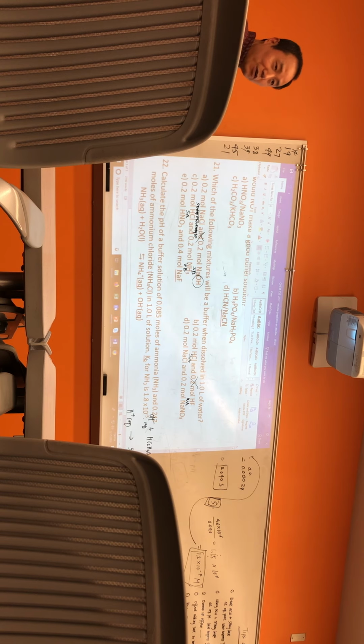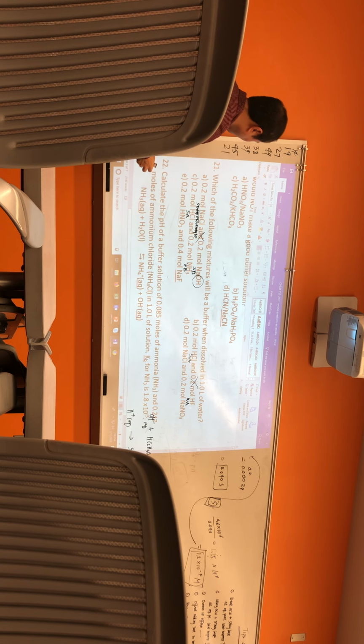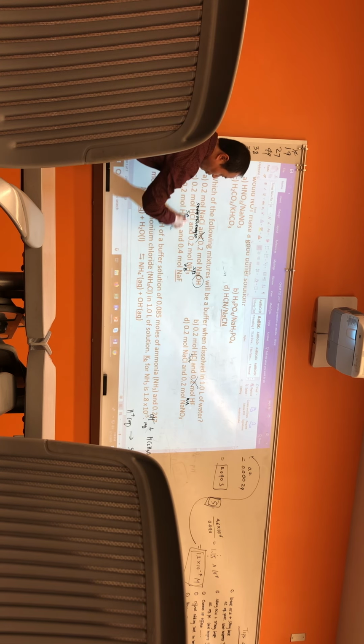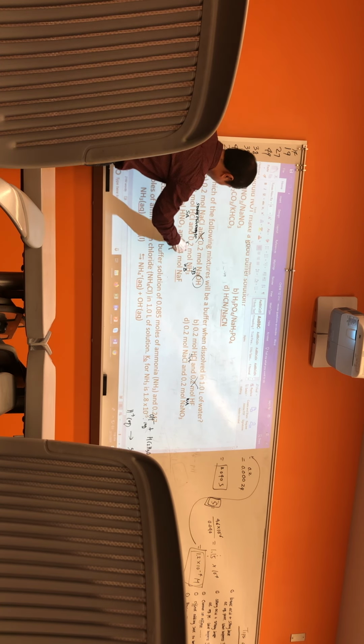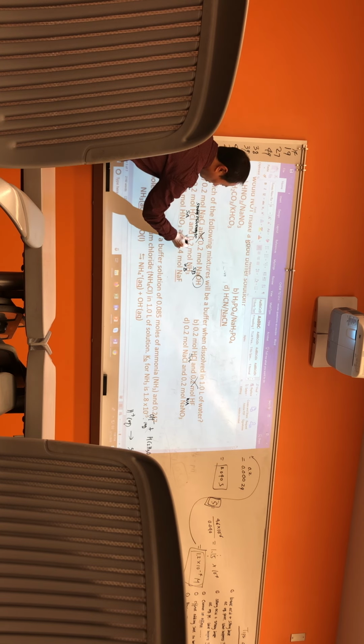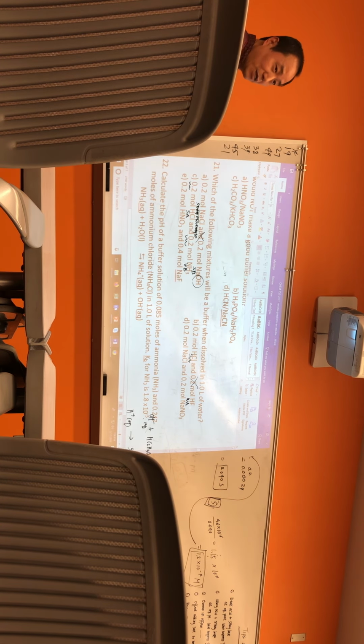To make a buffer, you have to have one from acid, the other from base, and at least one should be weak. There's another condition. If you have strong acid and weak base, the strong one should be a lesser amount than the weak one. Or if we have equal amounts, then it's not a buffer.